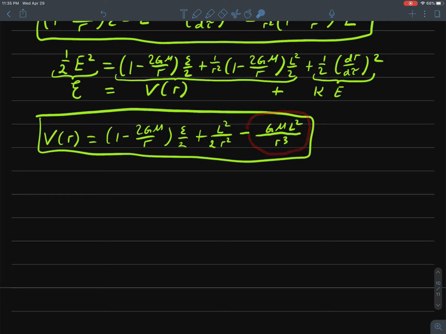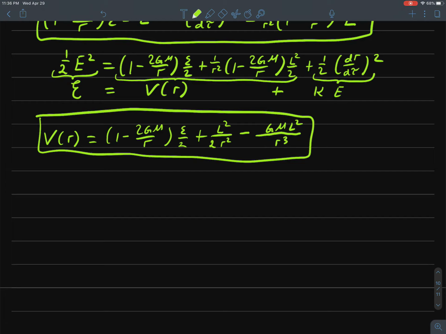And notice here we have 1 over r, for the Newtonian potential. That makes sense. Here we have 1 over r squared. That's a contributor for adding angular momentum. But here we have another Newtonian-like term, GM over r cubed, and that is the general relativistic correction.